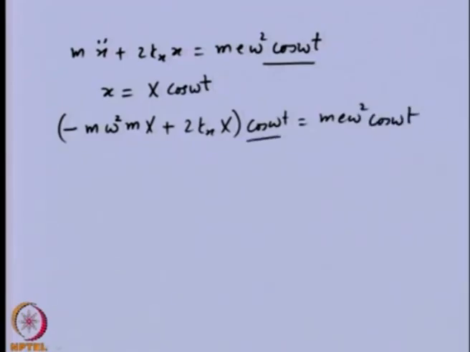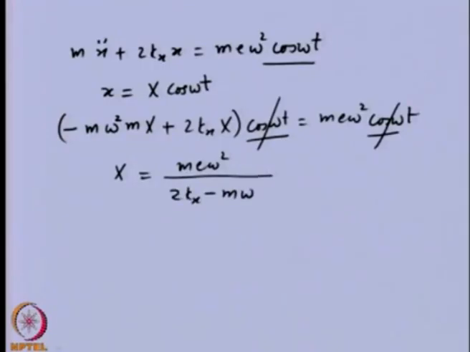So, you can see this will get cancelled and we can solve for X, that will give us m e omega square divided by 2 k x minus m omega square. Note here, double m is coming, only a single m will be there.